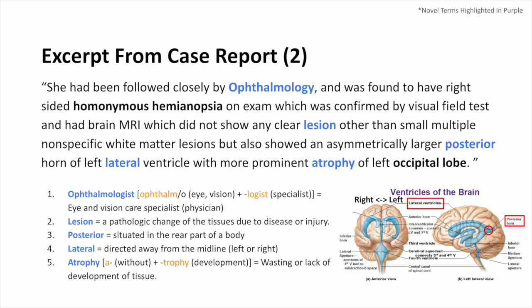And of those, we're referring to the left lateral ventricle, which is the one that actually is to the right, because we're looking at the brain from the mirrored side. Of that lateral ventricle, the posterior horn is the one that I circled with red. The posterior horn of the lateral ventricles is where it was affected and had an atrophy, wasting or lack of developmental tissue.